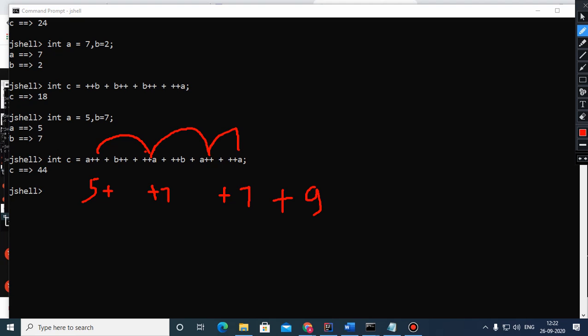And in between, we have to use this B plus plus. The initial value of B is 7. So now it is 7 and here it is 9. So just add all the values together. It is 44.